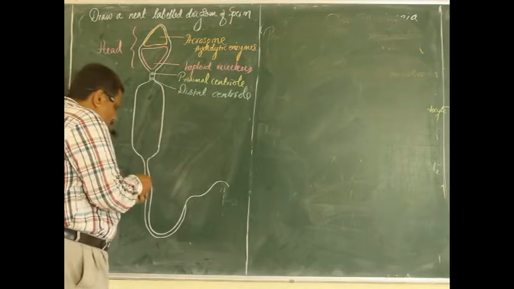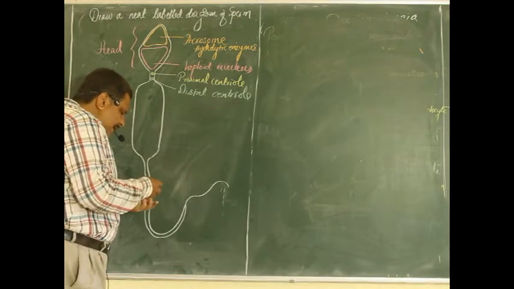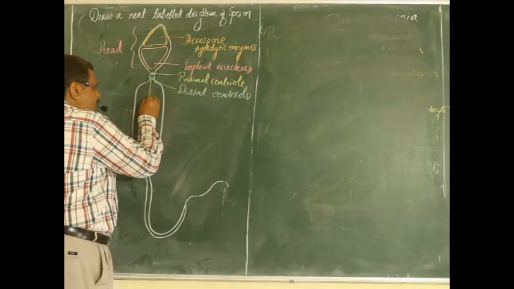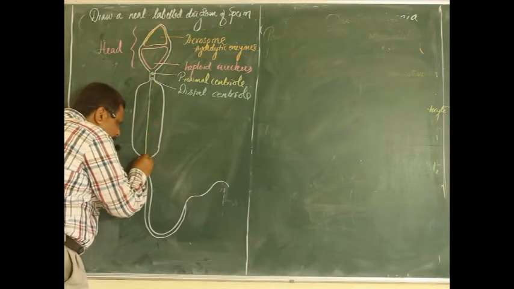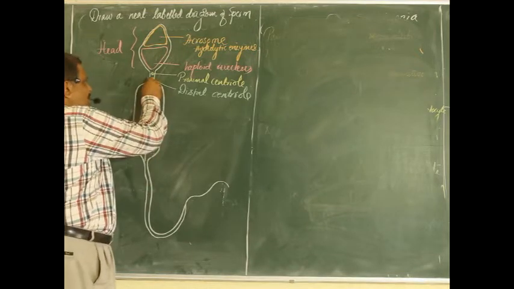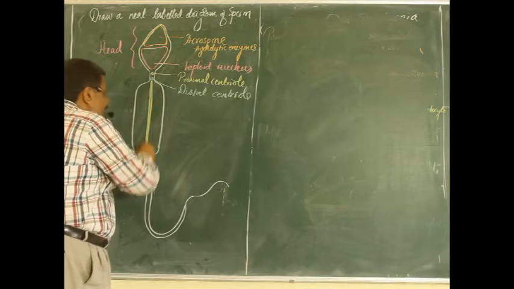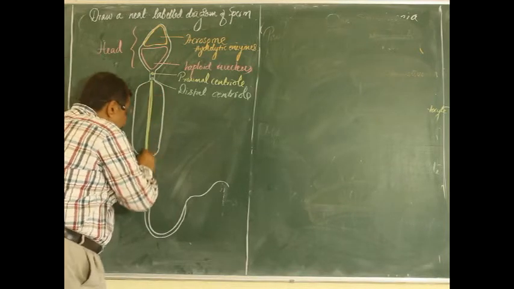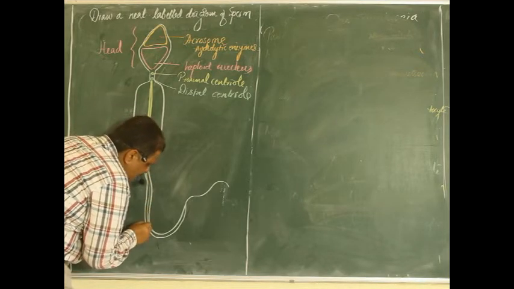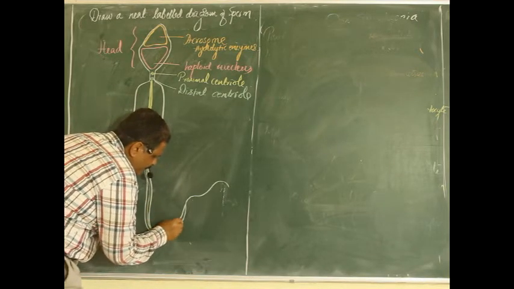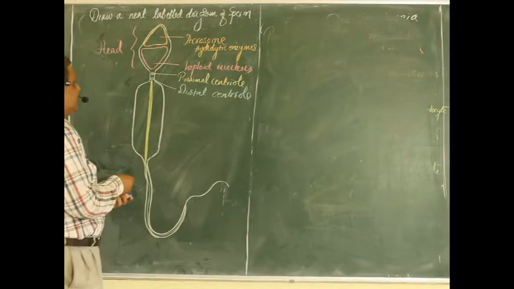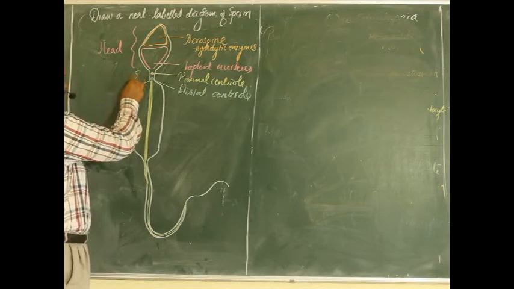These two centrioles are responsible to release the fibers, and those fibers will form the backbone of the sperm, and it will support the sperm, and it moves in the tail region also, and it gives support to the tail. And this is called the neck portion of the sperm.